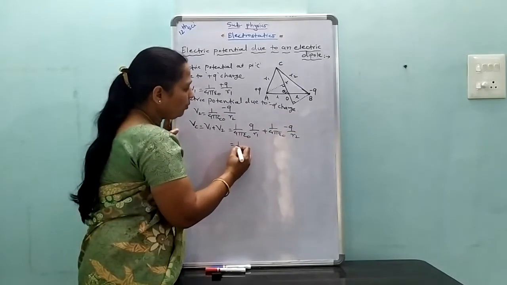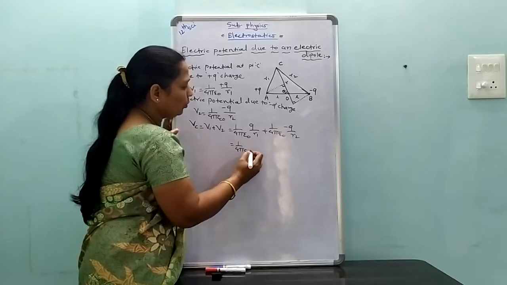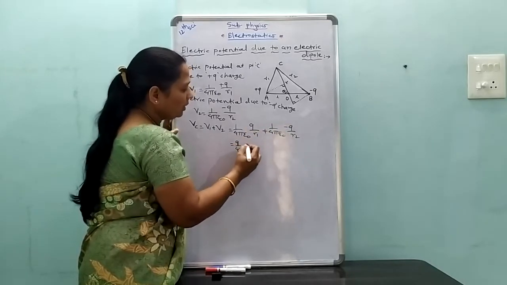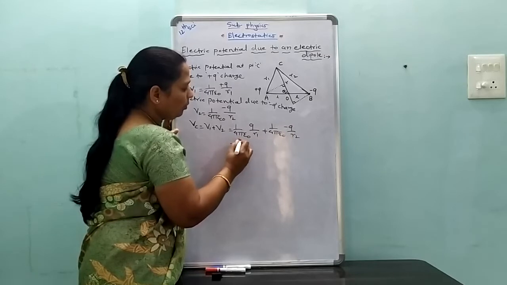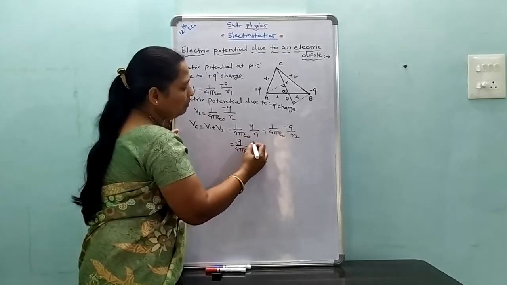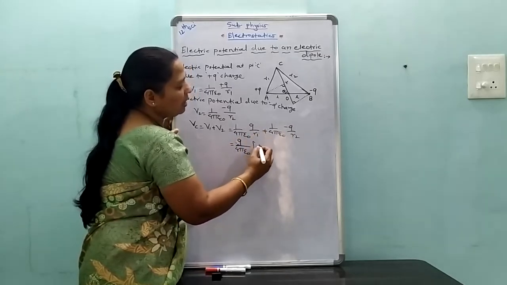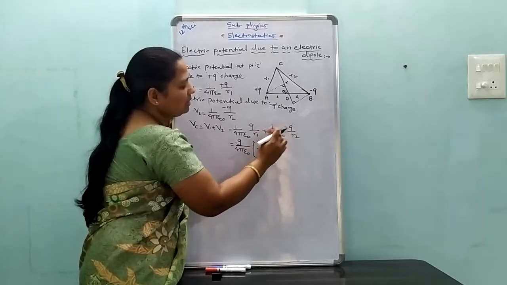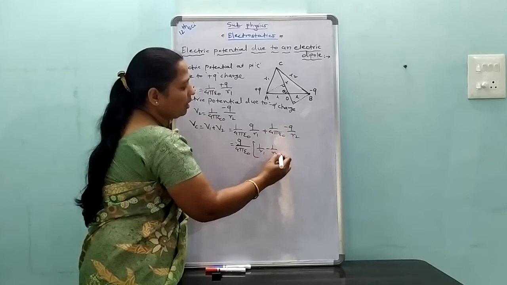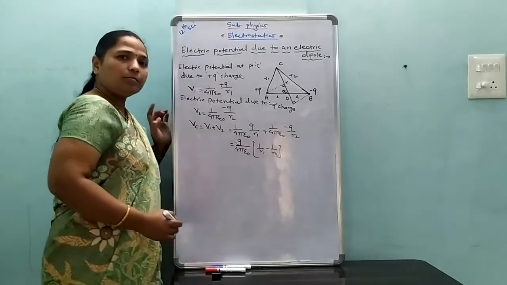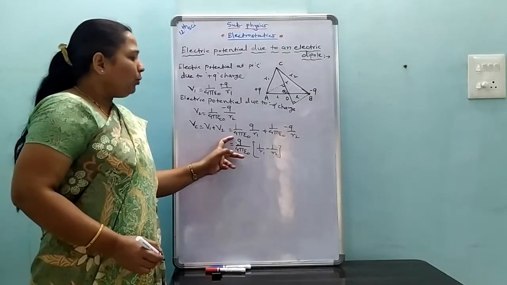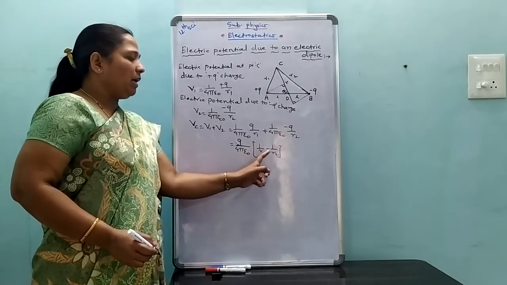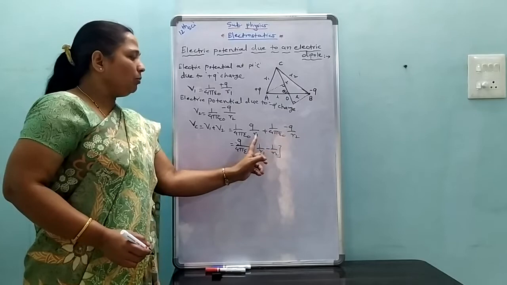Taking Q upon 4 pi epsilon 0 common, the remaining terms in the bracket are 1 upon R1 minus 1 upon R2. So VC is equal to Q upon 4 pi epsilon 0 times the bracket 1 upon R1 minus 1 upon R2.